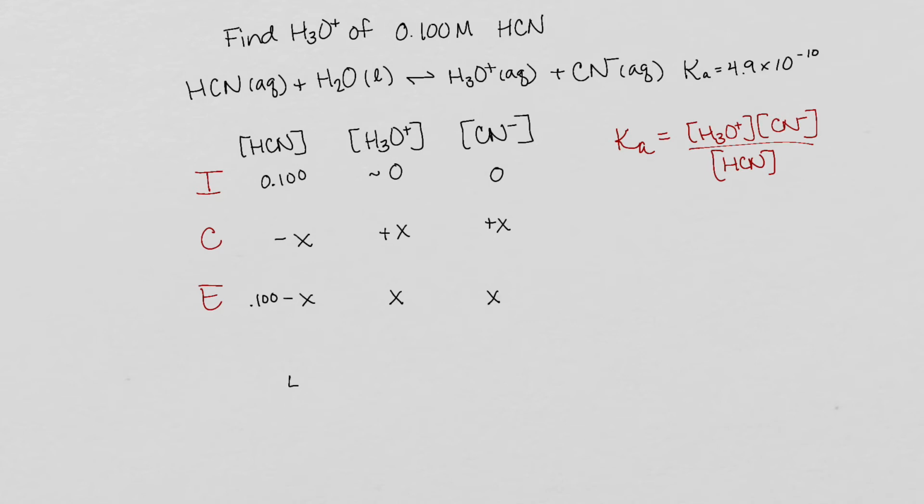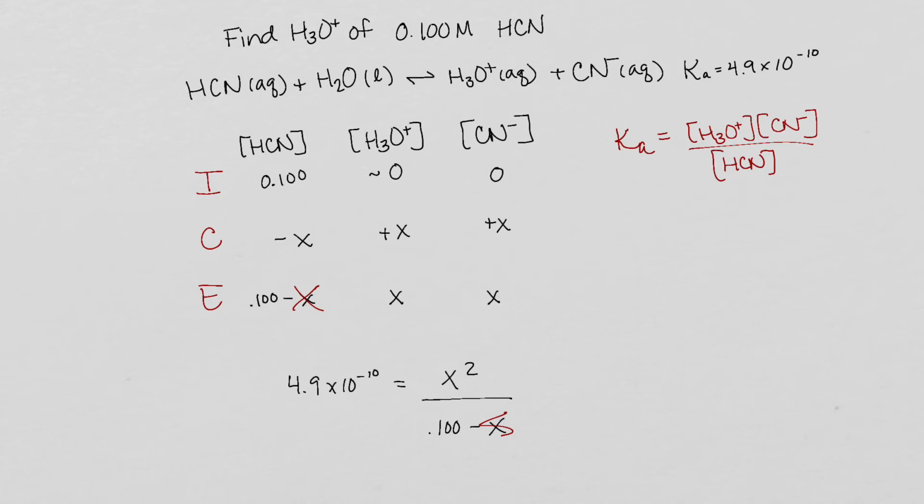So I've got 4.9 times 10 to the minus 10th equals x squared divided by 0.100 minus x. But I'm going to assume that that x is negligible, so I'm going to get rid of it. And I'm just going to solve this now. So now what I have is something really simple.